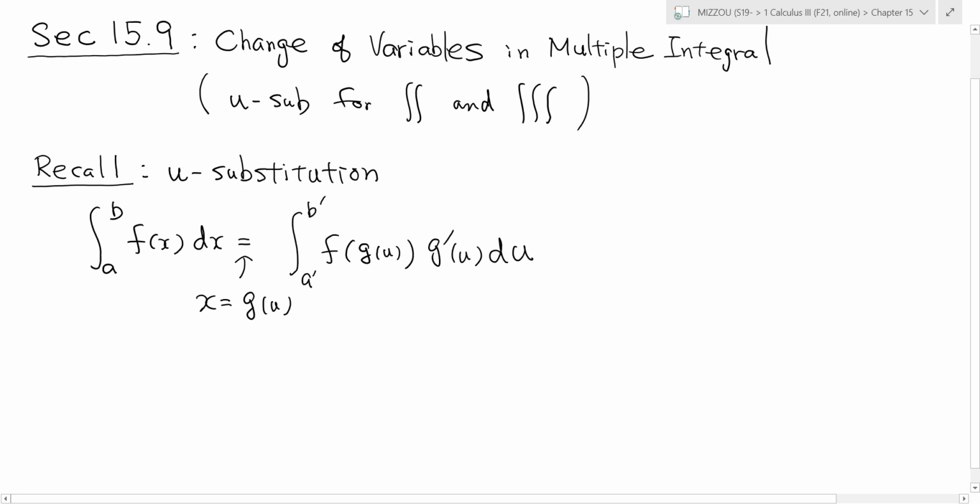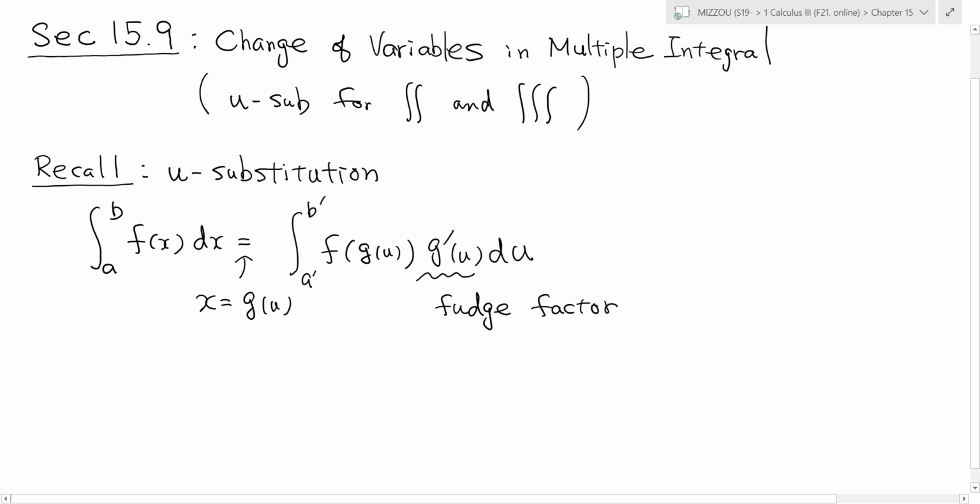Let me erase this. The point is that dx is not going to be just du, but we need something extra in front. This is some kind of fudge factor. A fudge factor is some kind of factor that compensates a certain discrepancy.